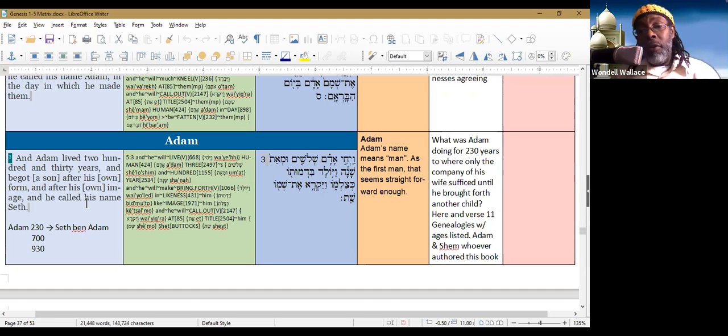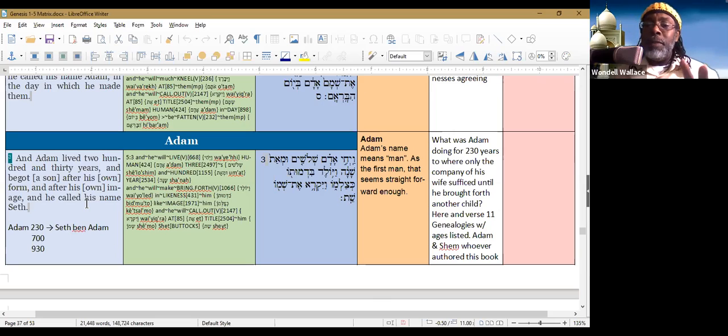I'm doing it myself on my own volition. I know that's not something that the Bible itself does, but it's something that I'm doing because it's true. He's Seth bin Adam, Seth, son of Adam. That would be his name, and that would be the modern rendering of his name as an Israelite.